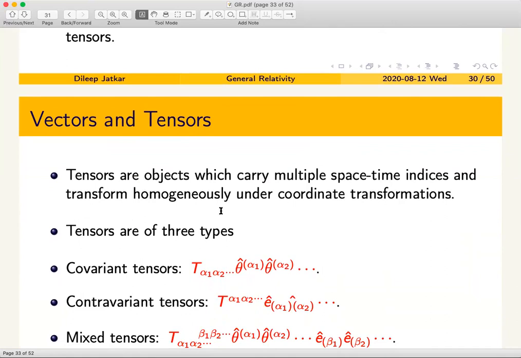This is a very important point, because without this statement, an object that carries multiple space-time indices does not define a tensor. As the course progresses, you will see that there are objects we will define on space-time which carry multiple space-time indices, but they are not tensors. Simply because some object has multiple indices does not necessarily mean that it is a tensor.